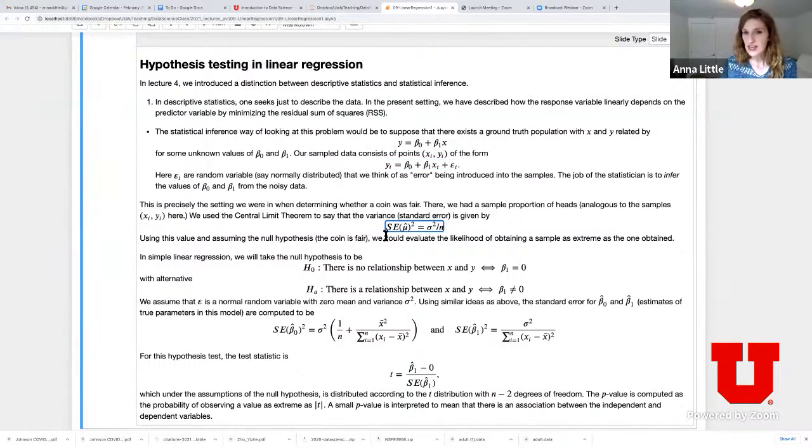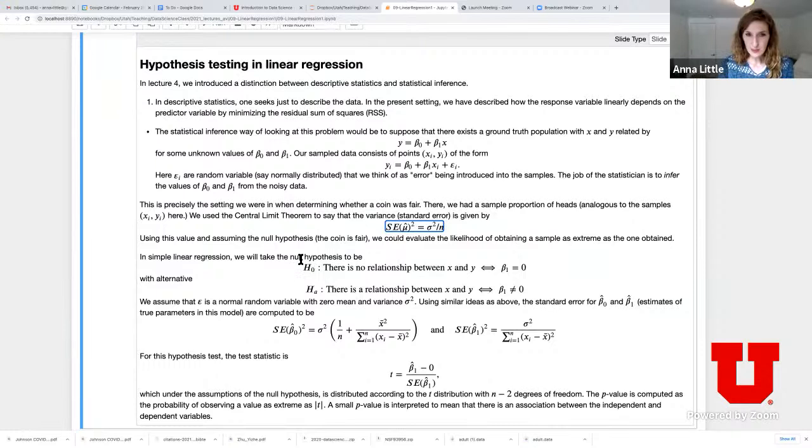We didn't use the word standard error, but you can think of the standard error as essentially being the standard deviation that arises when you're approximating a quantity from sample size n. Okay, and so using this value and assuming the null hypothesis that the coin is fair, we could evaluate the likelihood of obtaining a sample as extreme as the one obtained.